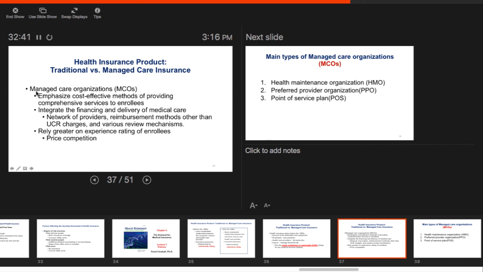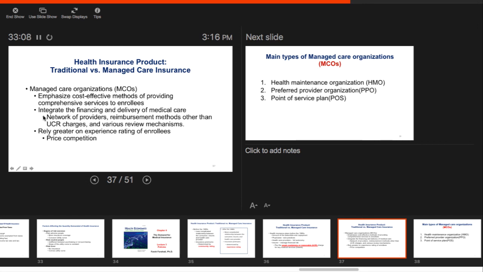But after the 1980s, the insurance companies emphasized a cost-effective method of providing comprehensive services to enrollees. That means they try to manage both the patients and the providers to choose the most cost-effective methods of medical care.